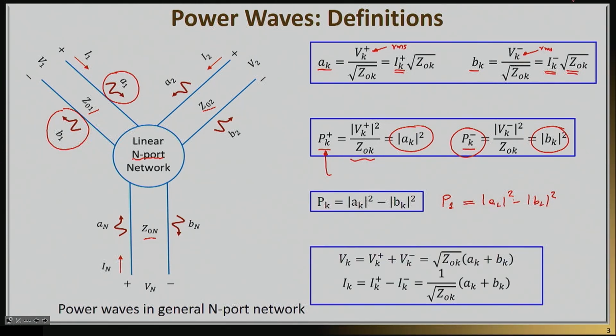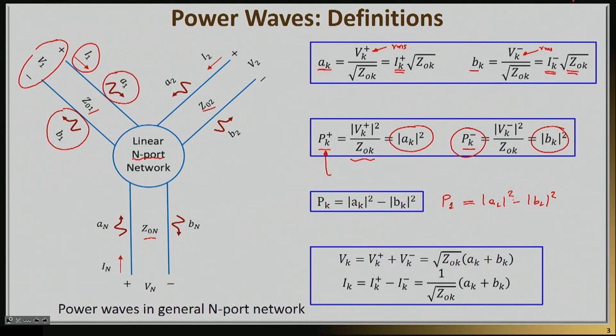Now, if you're wondering what if I really want to define my voltages and currents for every port? If you want to find the voltages, and you can see here V1 is the voltage in port 1 and I1 is the current in port 1, then all you have to do is what we have done before.